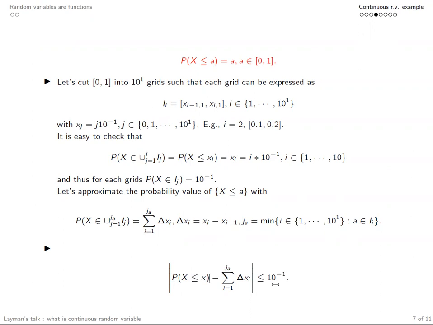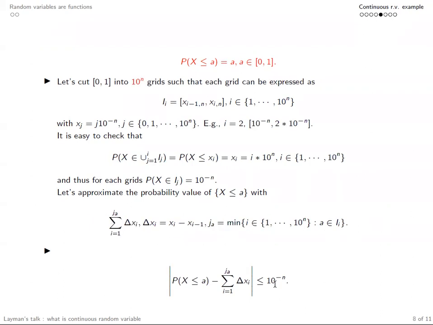Actually, if we cut into more pieces, for example, 10 to the power n grids, and we follow exactly the same procedure, we know the approximation is getting better, and the difference between this approximation and our targeted value, the probability value of X smaller or equal to A, is getting even smaller, right?